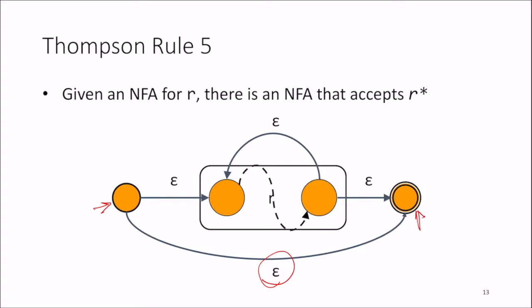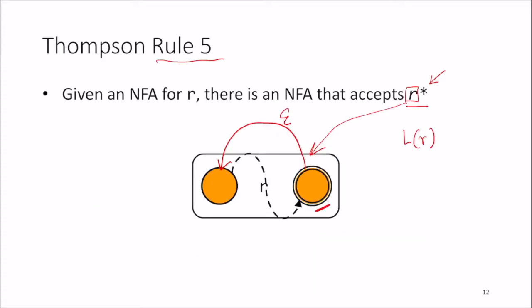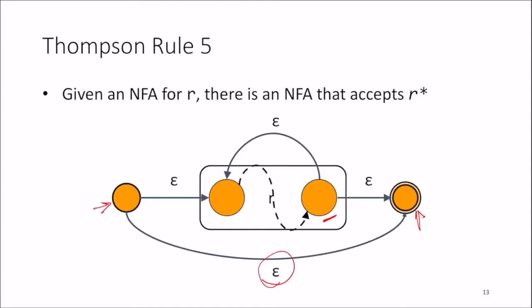Notice that what was the final state in R is no longer the final state here, because there is a new final state. It's linked by this empty string transition, as we did for the other combinations of NFAs before.